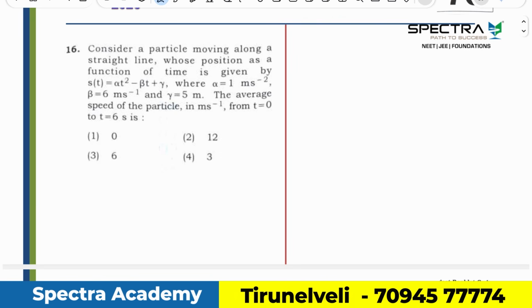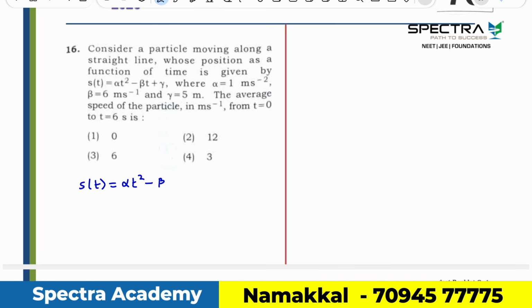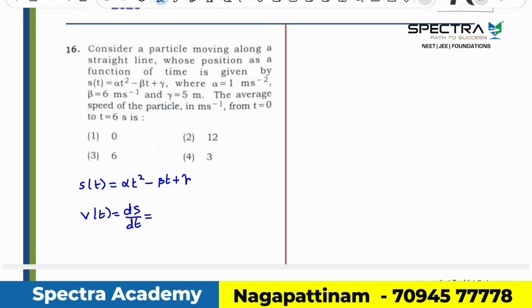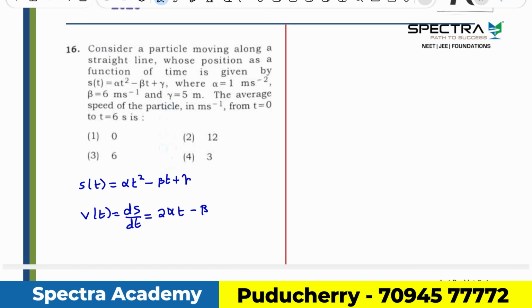So it is given that S of t is equal to alpha t square minus beta t plus gamma. So V of t is equal to the derivative of the position, ds by dt. So you will get it as 2 alpha t minus beta, right?